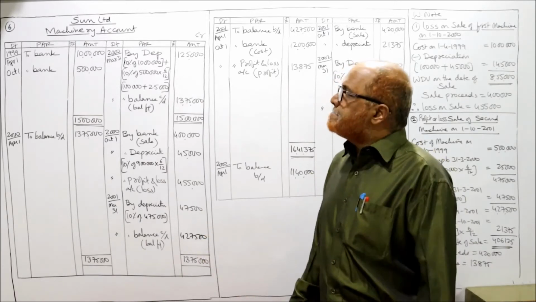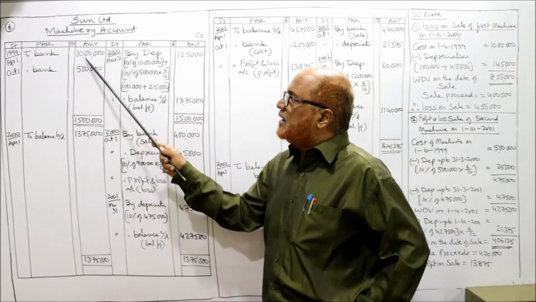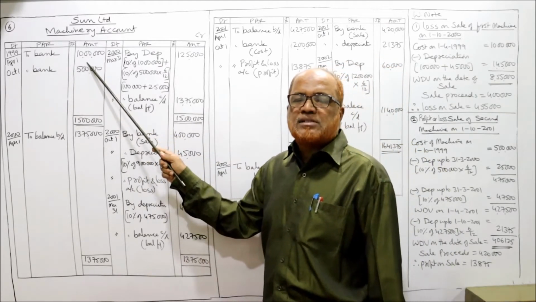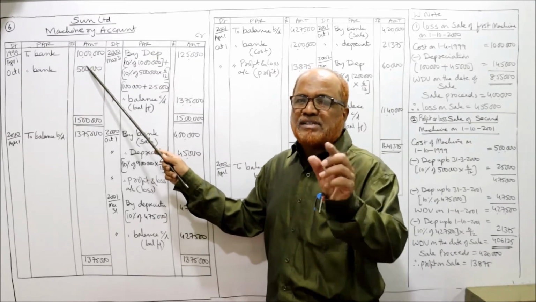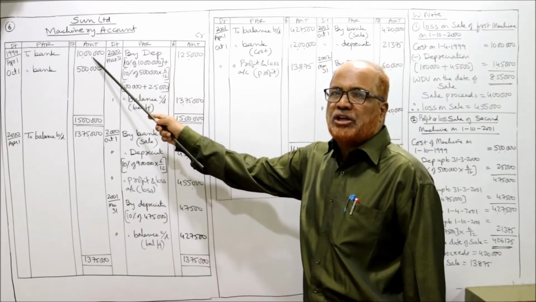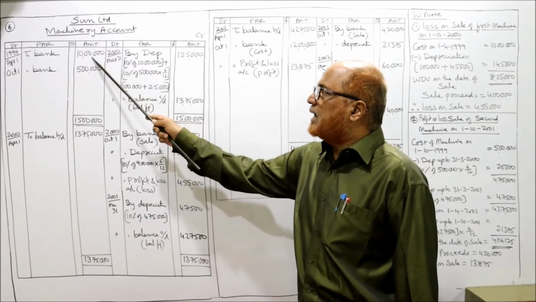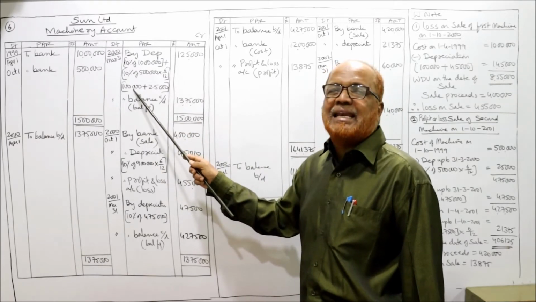Now see here. What is the value of the plant when we purchased it on 1/4/1999? 10 lakh rupees is the cost of the plant. And first year depreciation we have provided 1 lakh. So 10 lakh minus 1 lakh, 9 lakh.